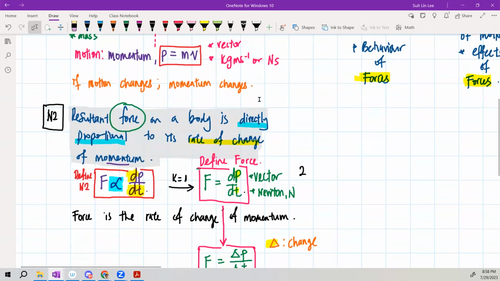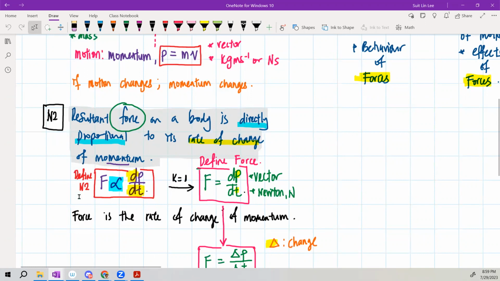Second law, if the momentum changes, then the rate of change of momentum is directly proportional to the force. Meaning, if I want to change the momentum more, or if I want to change the momentum faster, I will need more force. Kind of makes sense, right? So the more change that is happening, the more force is required.